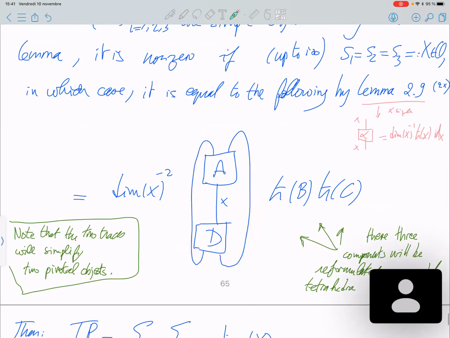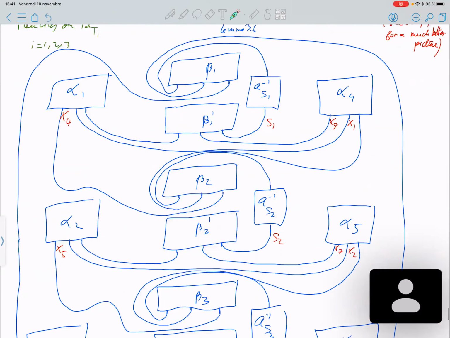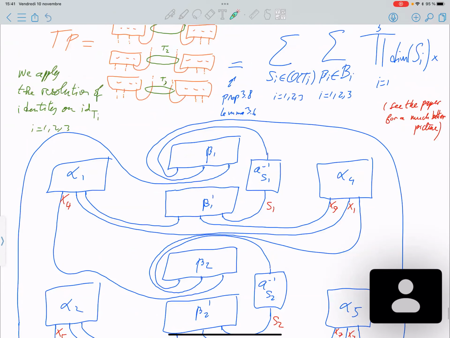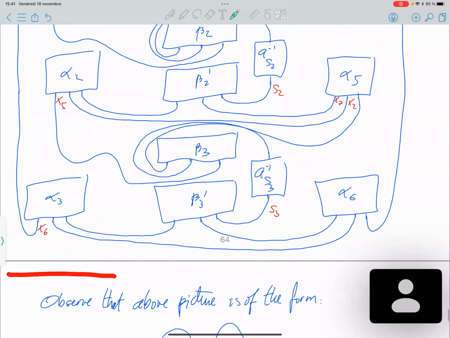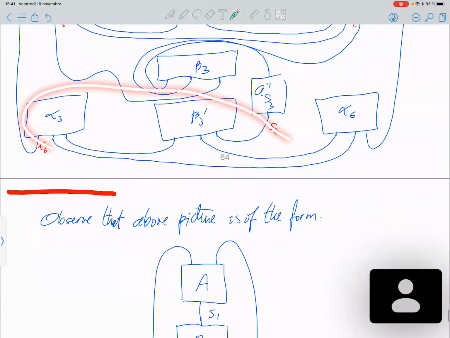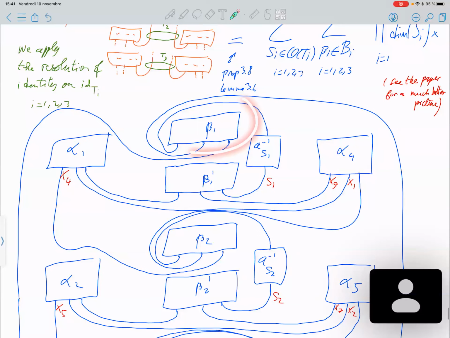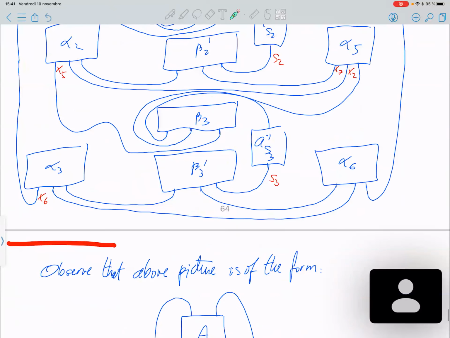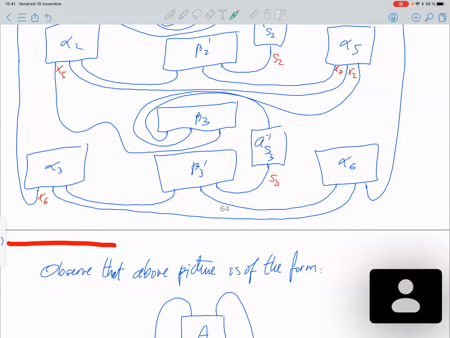So A, D. So you will, as we said, A involves only this morphism, but D involves all these three morphisms. So you will have something close to a monoidal tetrahedron involving these four morphisms.